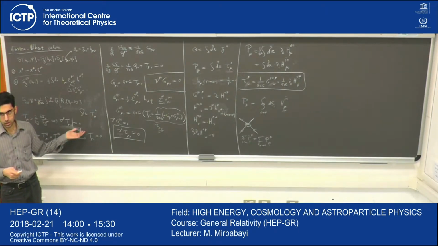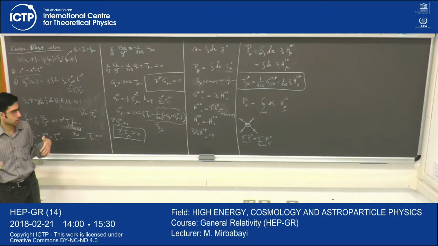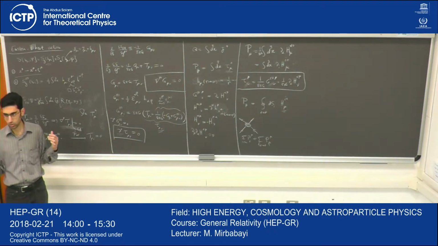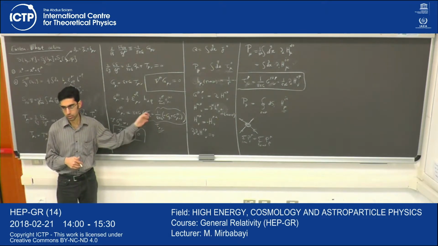Therefore, we needed to add something that takes into account the energy stored in gravitational waves. We argued that that object cannot be an actual tensor. The best that we can hope for is something like a pseudo-tensor, and that is the pseudo-tensor that we came up with.